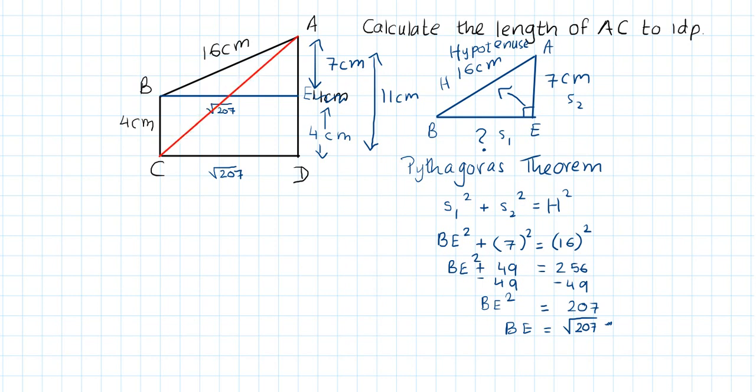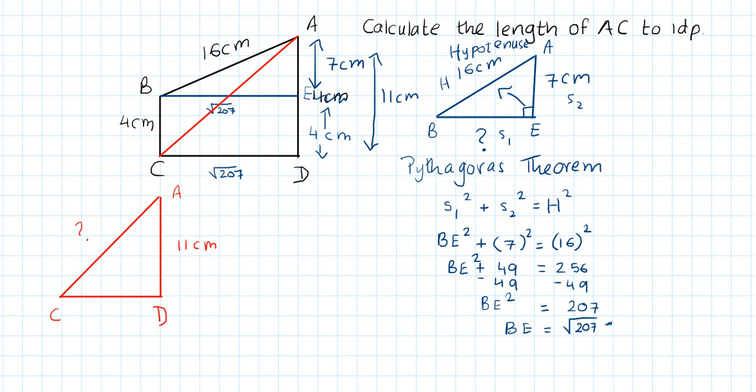So if I need to find that length, I'm going to redraw the triangle ACD. Let's call this A, that's C, and that's D. We are supposed to find the length of AC. We knew AD is 11 centimeters, it was given in the question, but we did not originally have the length of CD.